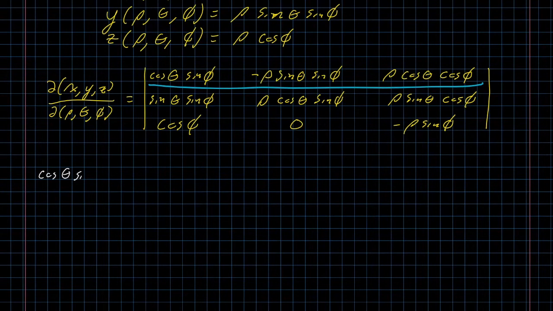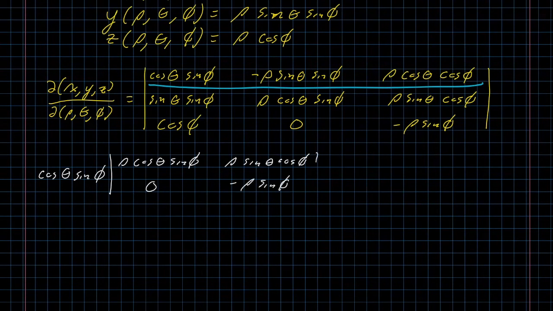We've got cosine theta sine phi times the 2 by 2 determinant, which will be rho cosine theta sine phi, rho sine theta cosine phi, 0, and minus rho sine phi.